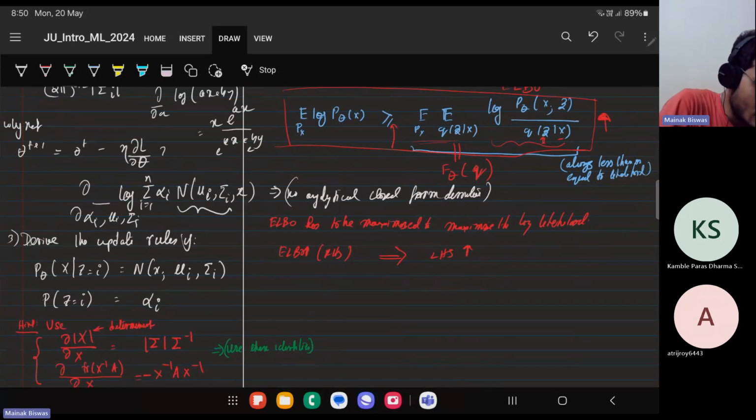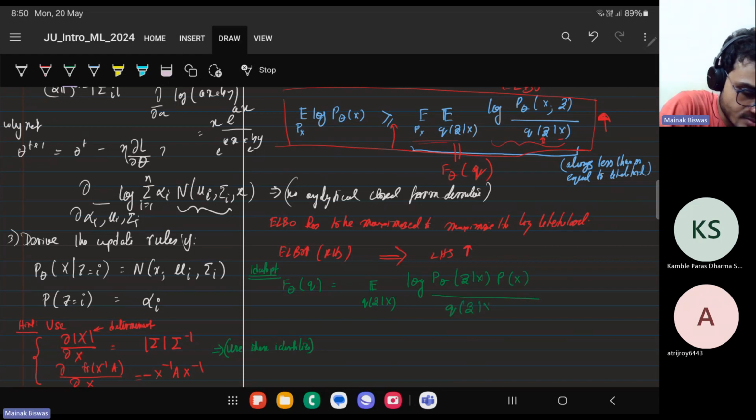Now, let us consider f theta of q. Let us consider one data point for the time being. I don't want to write the expectations multiple times. Log p theta of x, can I write it this way? p theta of z given x, p of x by q of z given x.